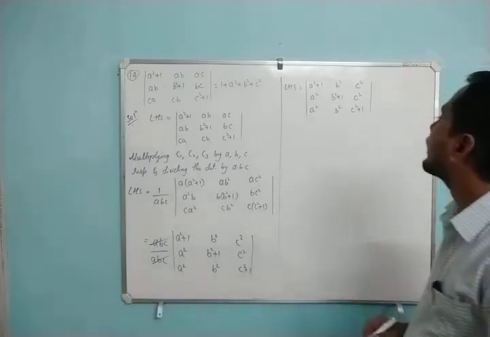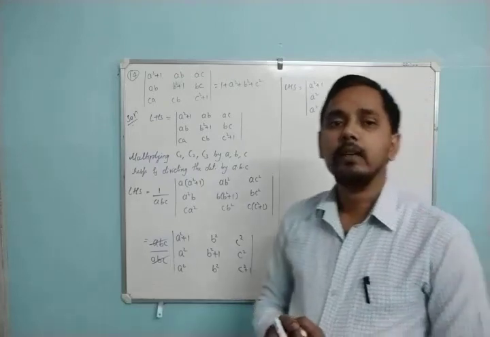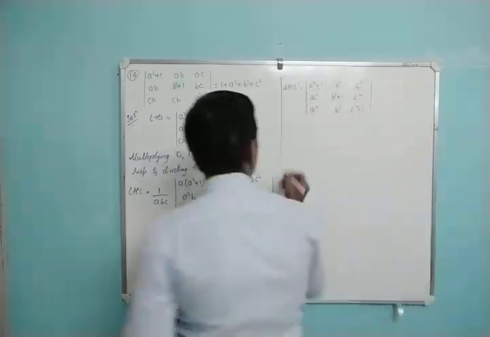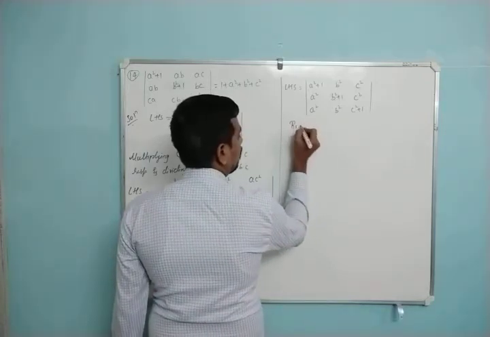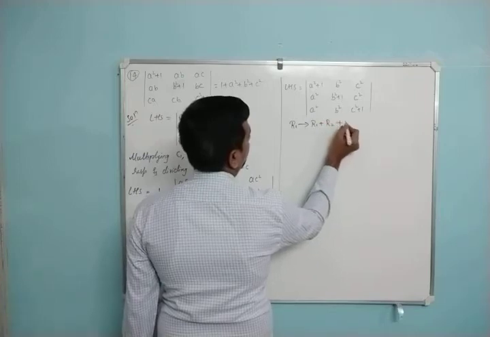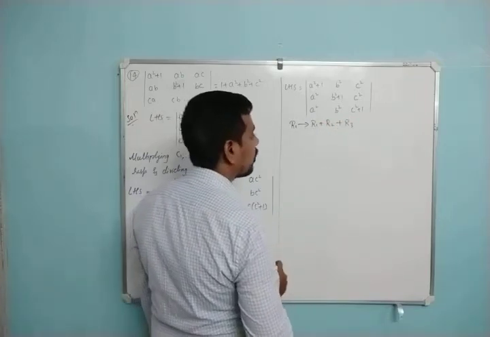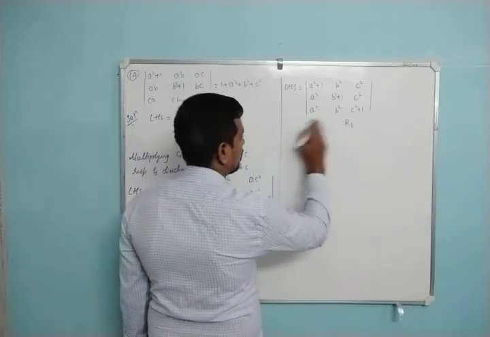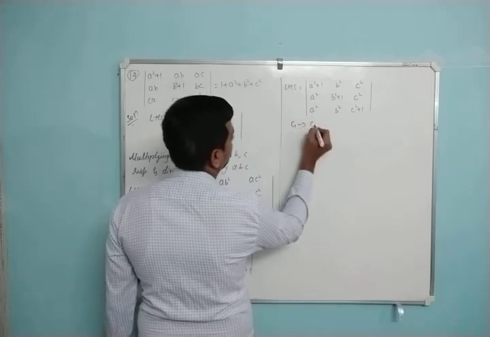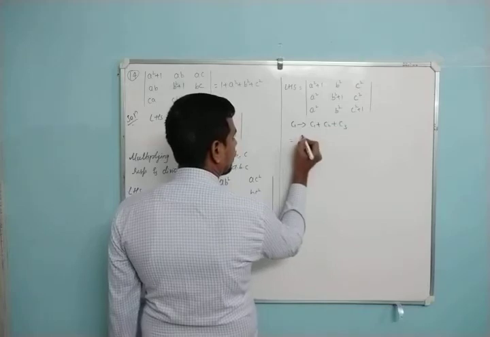Okay, so now you can see I can add either rows or columns, so then I will get the same entries as 1 plus a square plus b square plus c square, right? Row 1 changes to row 1 plus row 2 plus row 3. You can add to row 1 or you can do it with columns also. That also will give you the same result, right? C1 changes to C1 plus C2 plus C3. So this becomes equal to what?